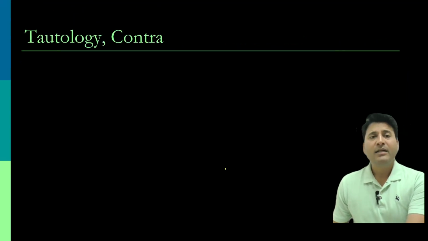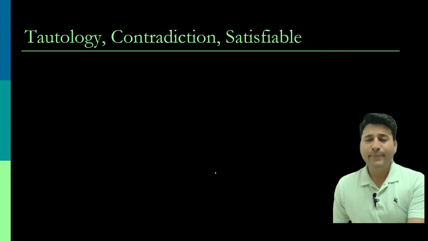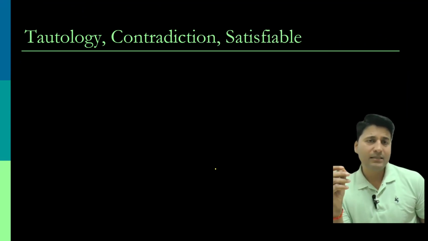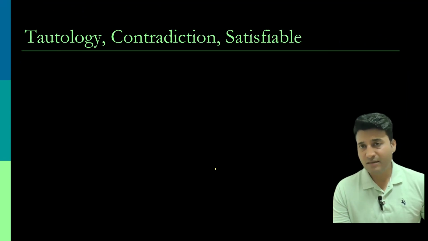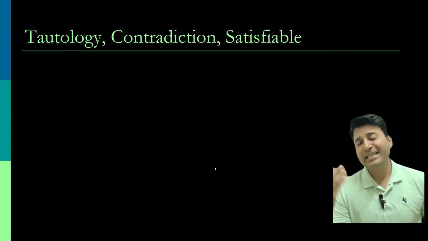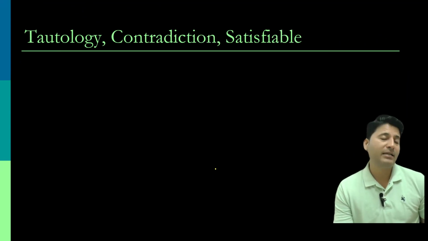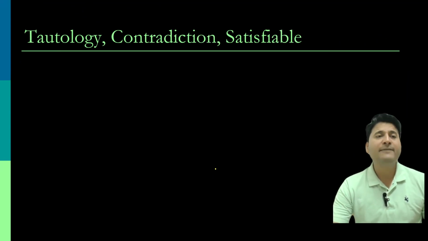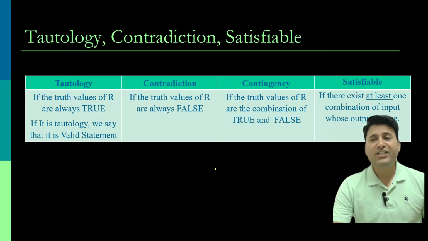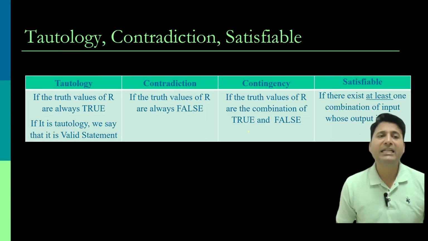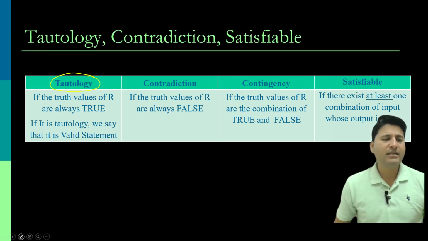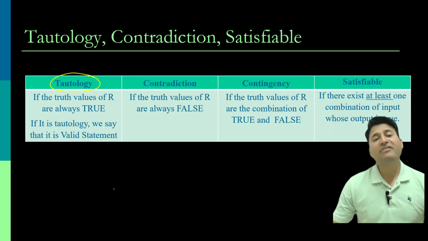Moving on. Now, when we are making compound statements, there are 3-4 terms which come into the picture quite repeatedly and have a quite significant role in mathematical logic. They are tautology, contradiction, satisfiable, and contingency. We call a compound proposition a tautology if it will always work.